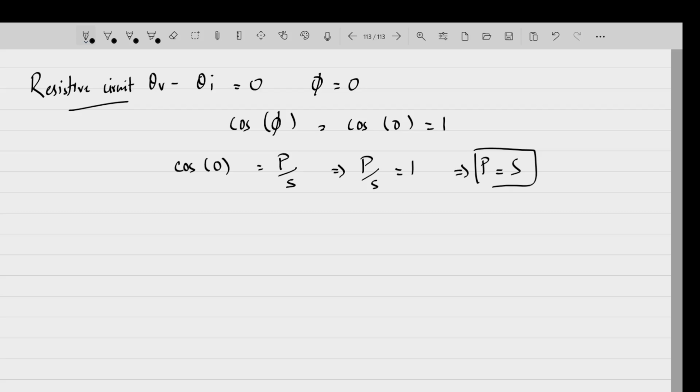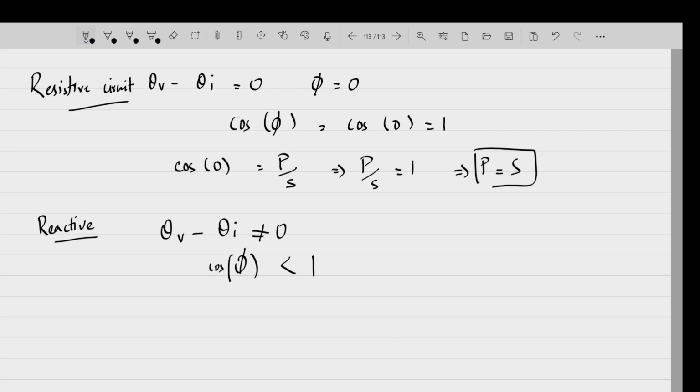Fine. But what happens in real circuits, in actual practicality, is there is always some reactance present in the system. There is always some form of inductance or capacitance present in the system. So theta V minus theta I will not be equal to 0. Fine. So since phi is not equal to 0, cos of phi will always be less than 1.